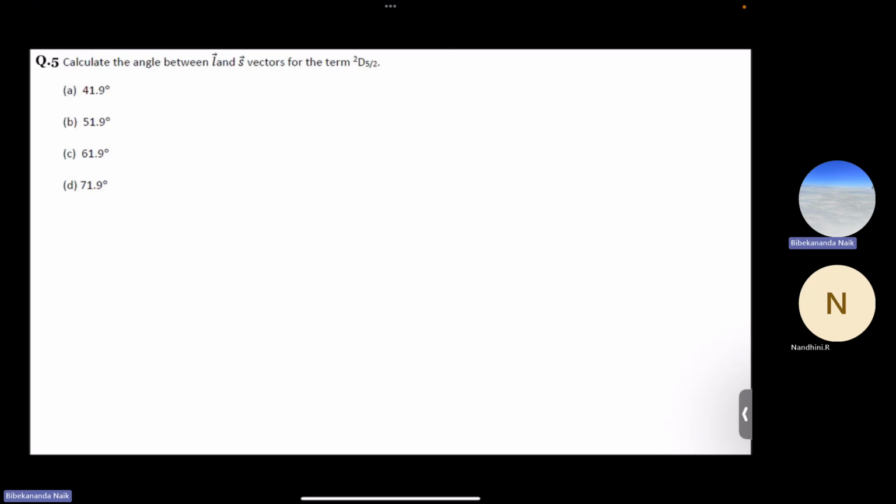Yes, can anyone tell me how we will calculate the angle between L vector and S vector? So now see here how the expression comes. We know J is equal to L plus S. So J vector dot J vector will be L plus S dot L plus S, and then it will be L square plus S square plus 2 L vector dot S vector.